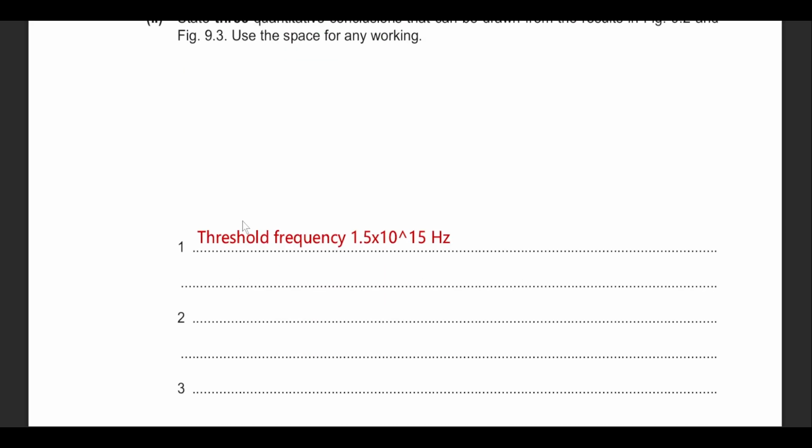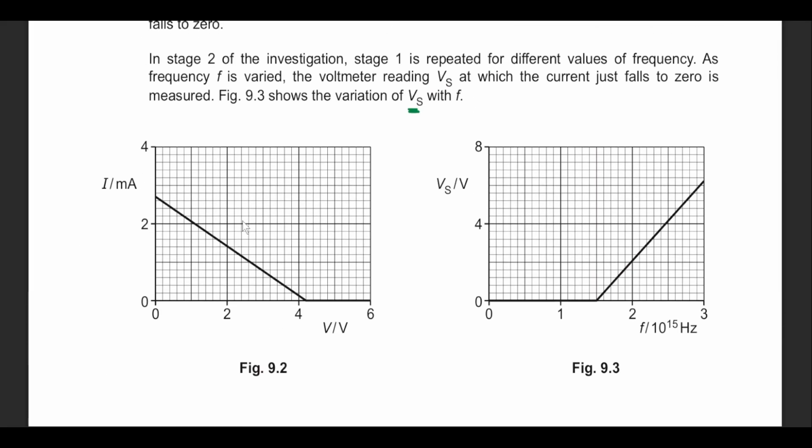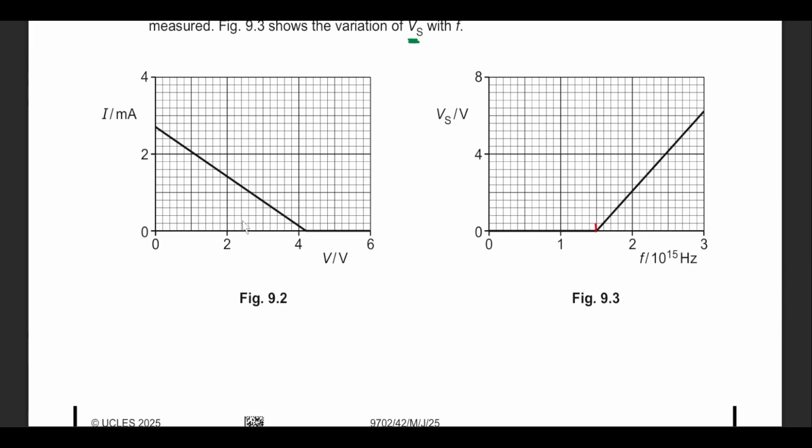You see, the first point I've already written down: the threshold frequency is 1.5 into 10 raised to power 15. How do we get this? This is where we pick that value from. But why here? If we notice at this point, the voltage required to stop the current still stays 0, which means the electron has not been able to come out.